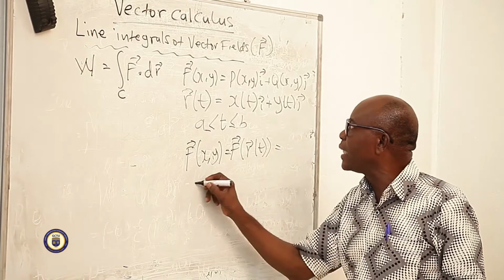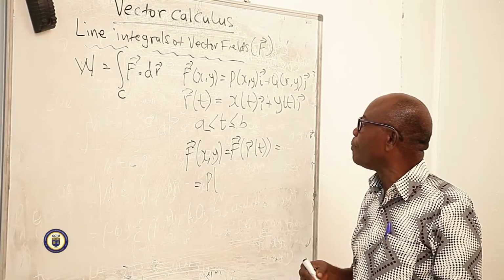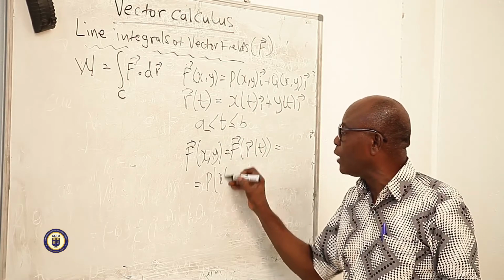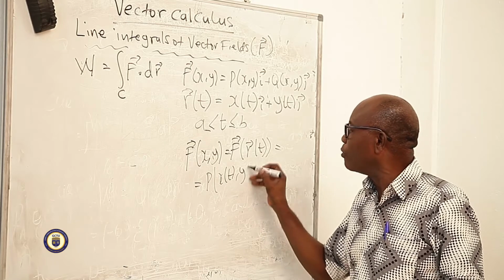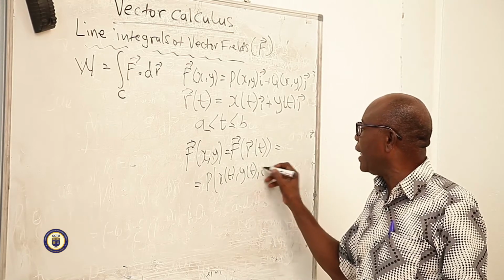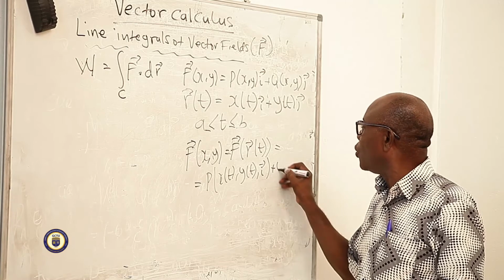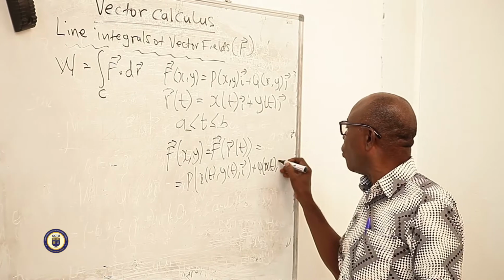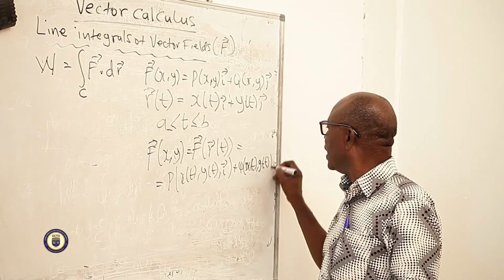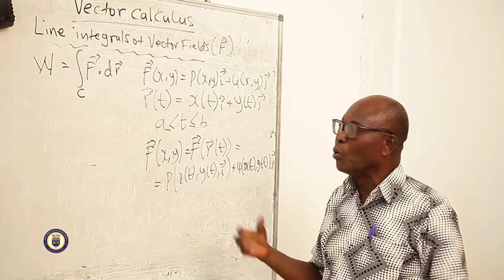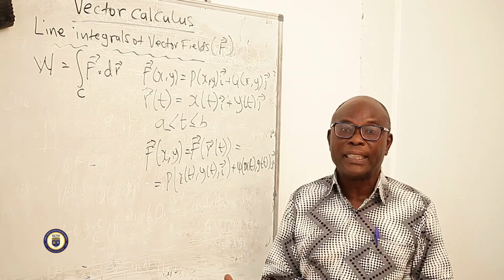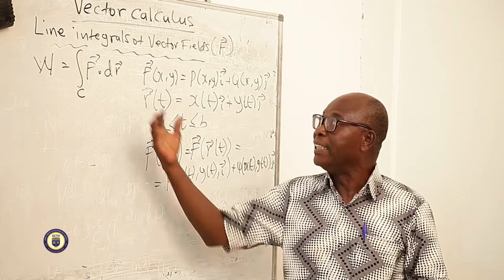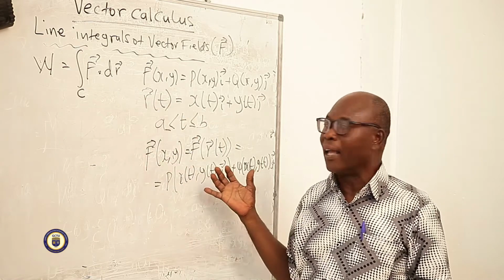Wherever we see x, we put x of t, and y of t, so P of x of t, y of t in the i direction plus Q of x of t, y of t in the j direction. So if we are talking of two dimensions, that is working in a plane, then the work done with the line integral is defined as this.